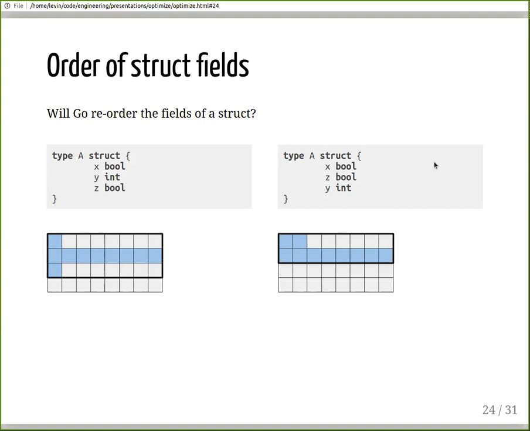The reason why we have these weird gaps has to do with how the processor, or the CPU, loads data from memory. When the processor loads an 8-byte integer, like the value y here, from memory, it wants the data to be at an address that is a multiple of 8. So it can take this block of 8 aligned to a border of 8.